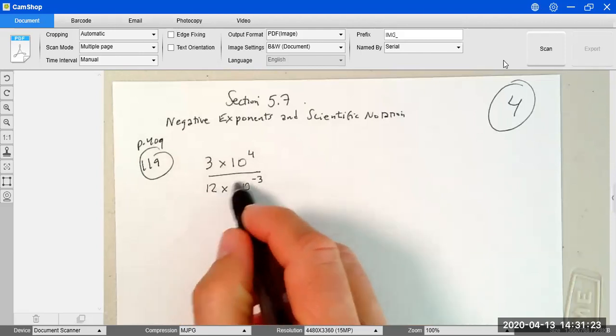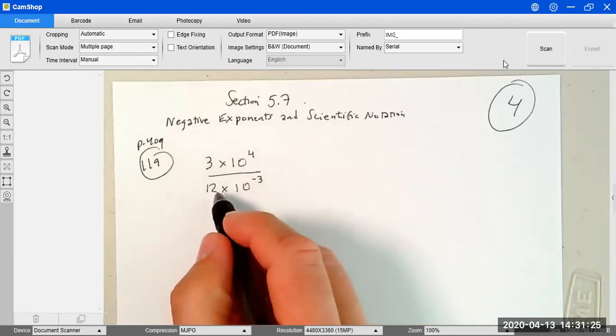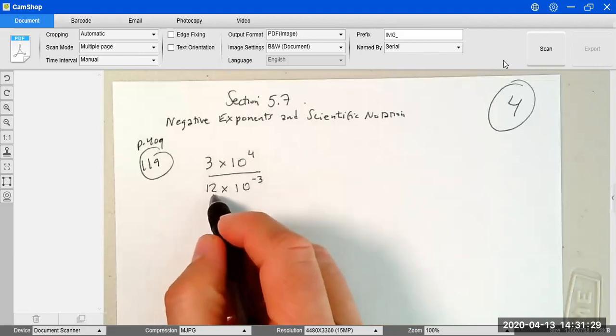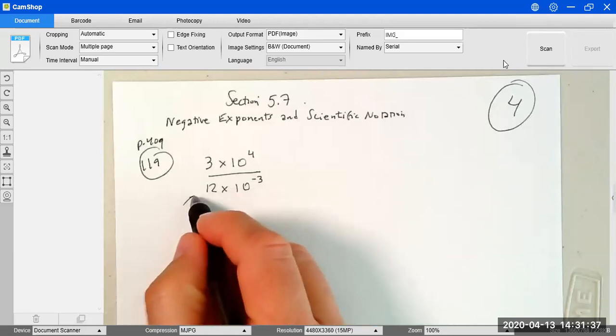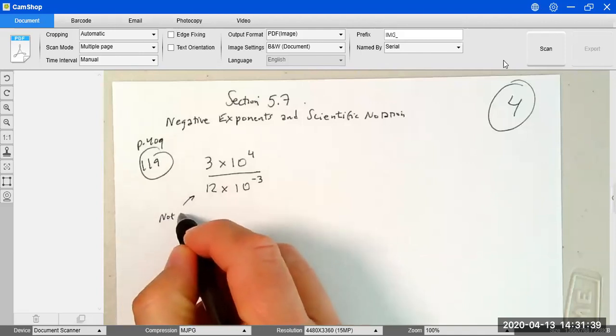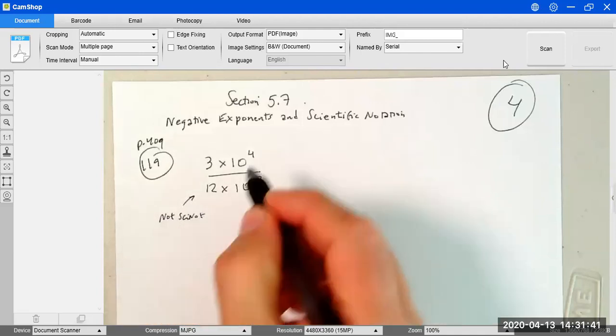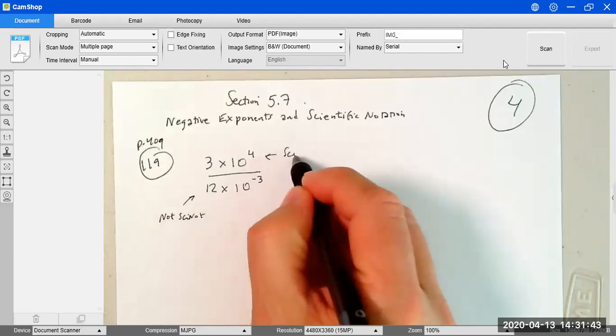The denominator is not written in scientific notation because for this number to be written in scientific notation, the mantissa, the integer part should be a number between 1 and 9. So this is not in scientific notation, but this is scientific notation.